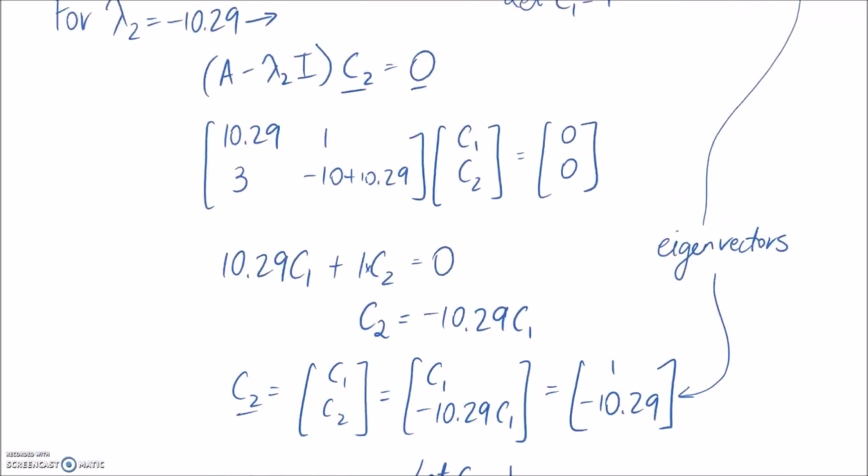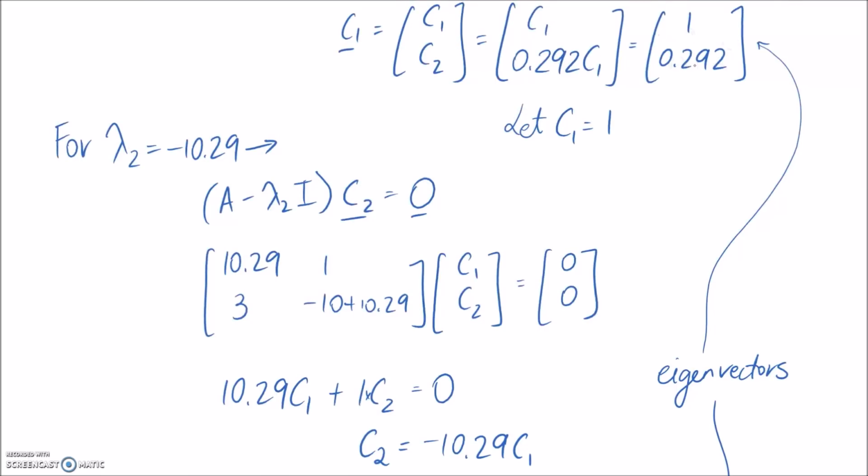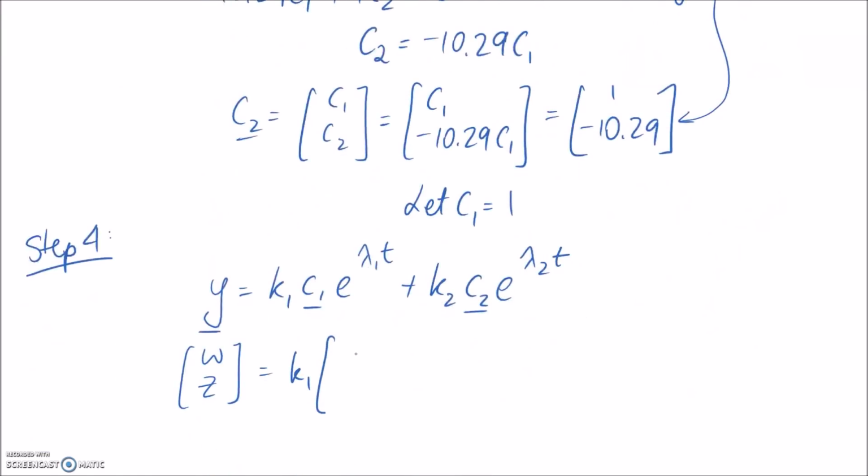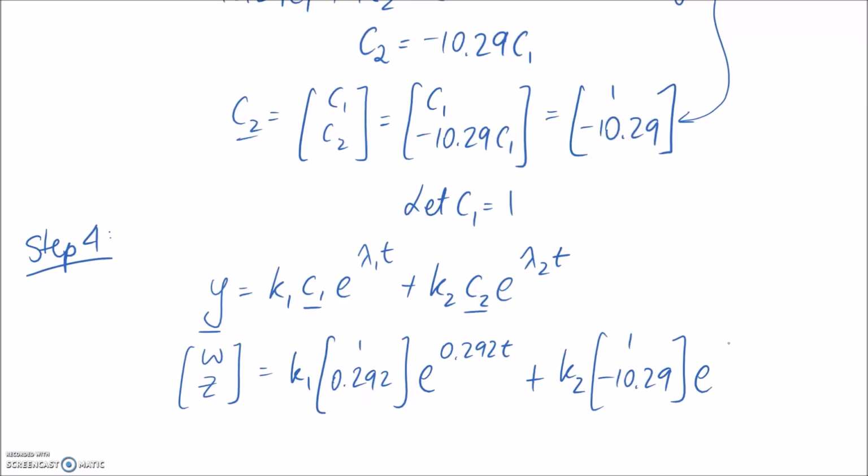C1 we can replace, that was one of our eigenvectors, so the 1 and 0.292. And lambda 1 was equal to 0.292t. Following the pattern through, C2 we just worked out a moment ago, so we can sub that in. And lambda 2 was the negative 10.29.